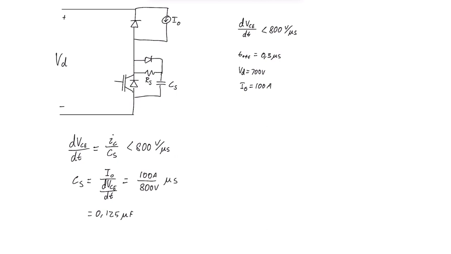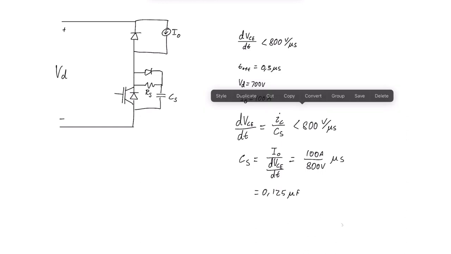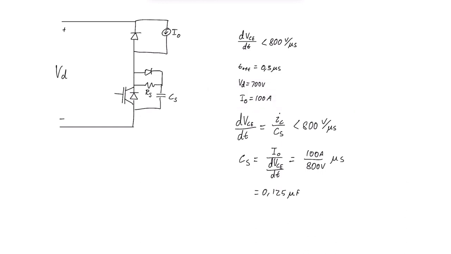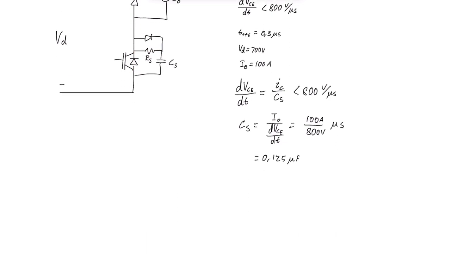Okay, and now we will move over to the resistance, right? So remember that when it's turned on, the current would start flowing this way, right? So the IGBT has a maximum amount of current that could go through it.